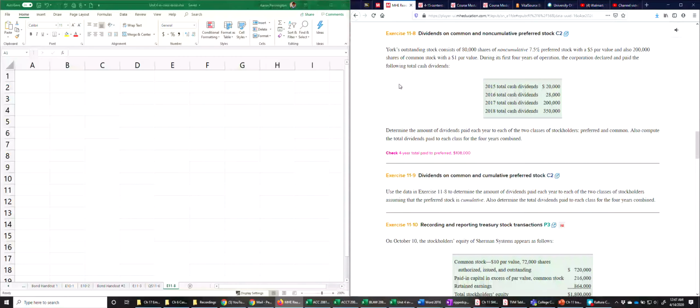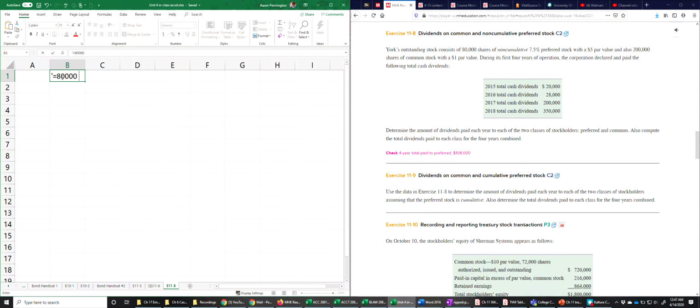So the first thing we want to do is compute what we're going to refer to as the preference. That is how much the preferred shareholders have to get before common shareholders can get paid a dividend in any year. That's going to be based on the face amount. There's 80,000 shares.